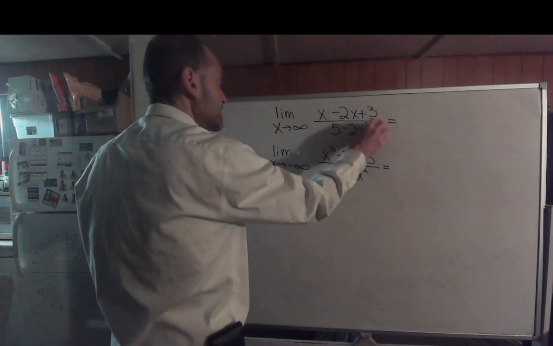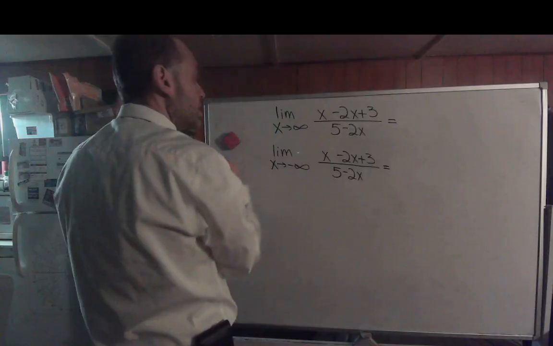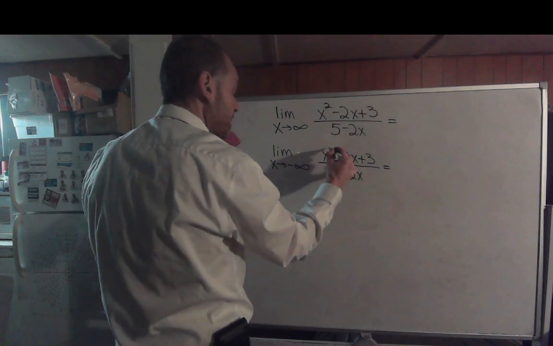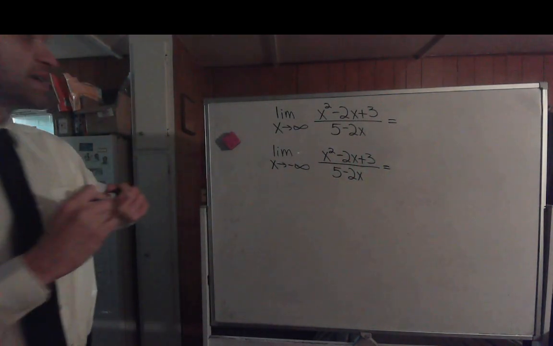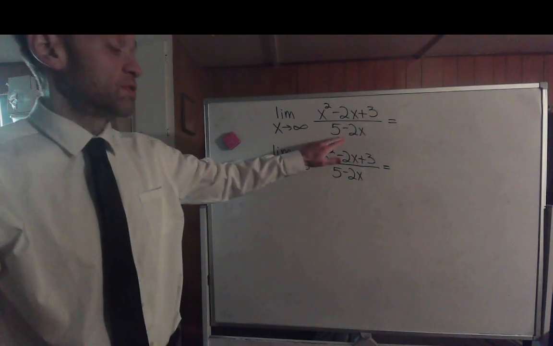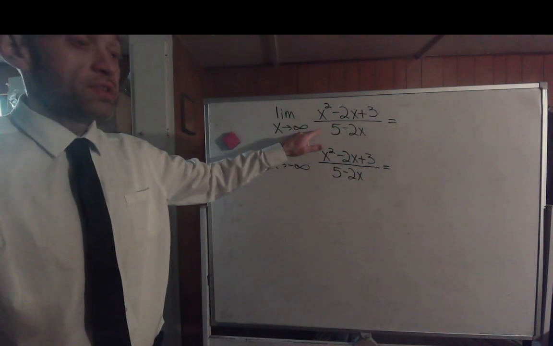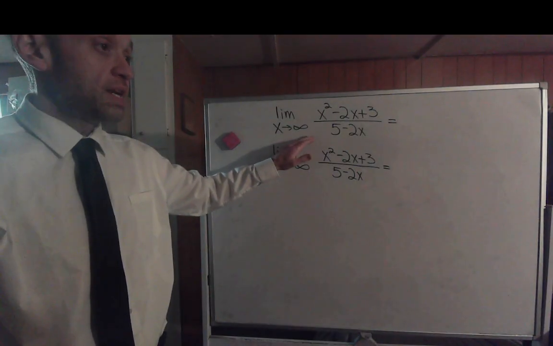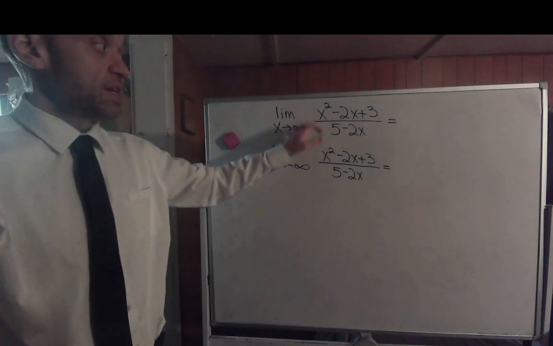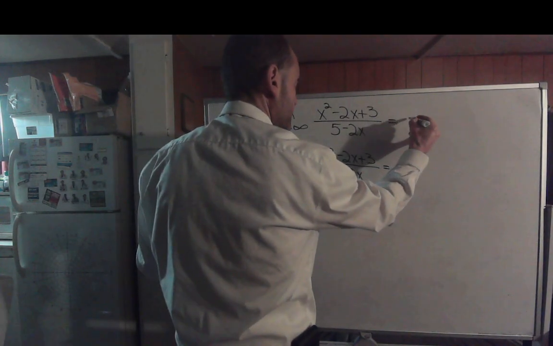So in this case, let's say I make it, now I'm going to take the limit as x approaches positive infinity of x squared minus 2x plus 3 all over 5 minus 2x. Well, the degree of the numerator is still greater than the denominator, and if I put in any value to the second power, then it's increasing faster than the first power, so my limit as x approaches infinity is infinity.